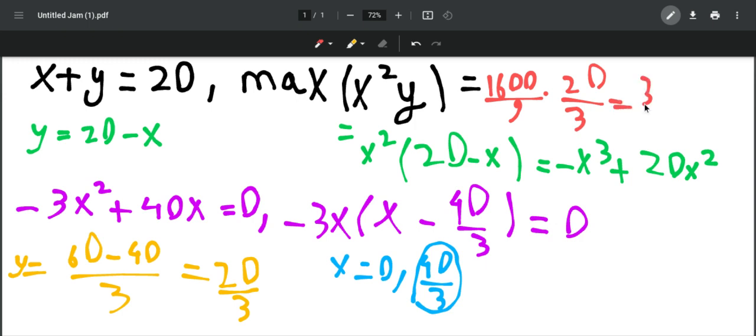Writing it as a fraction, we get 32,000 over 27. And that's our answer.